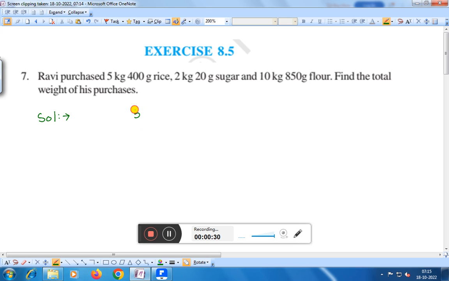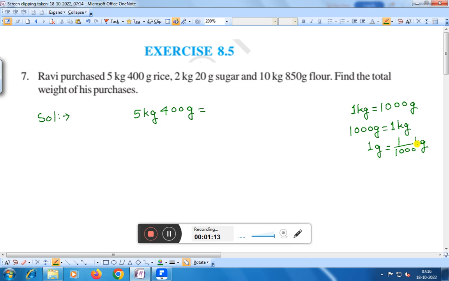One is 5 kg 400 gram. We know that 1 kg is equal to 1000 gram, or you can write 1000 gram is equal to 1 kg, and 1 gram is equal to 1 by 1000 kg.